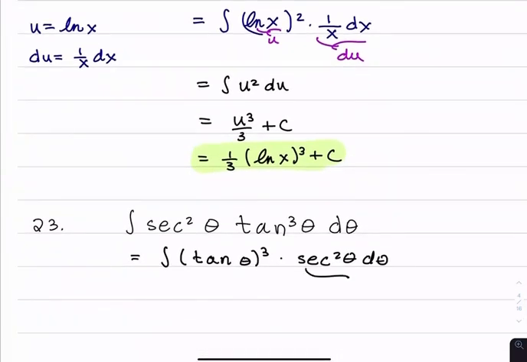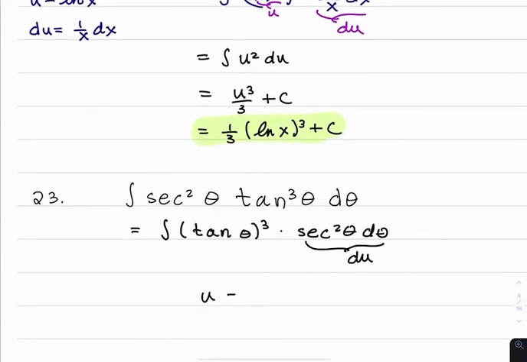Yes, it is. What's it the derivative of? If I want du equal to secant squared theta d theta, what would u be? Well, u would be tangent theta. The derivative of tangent theta is secant squared theta.